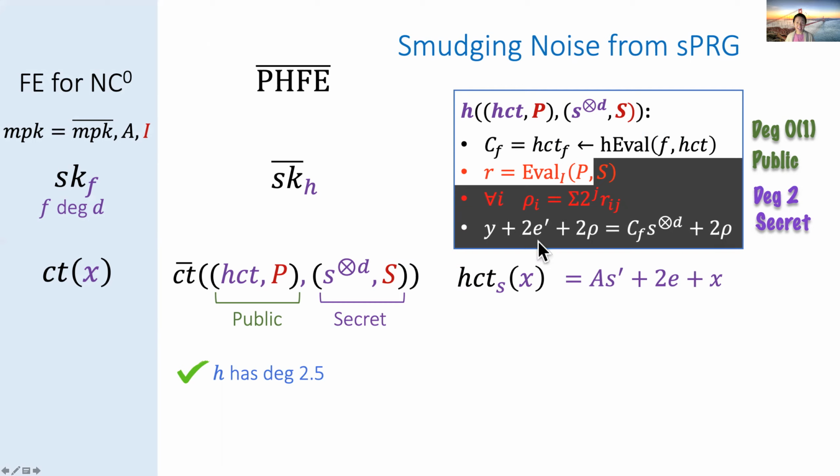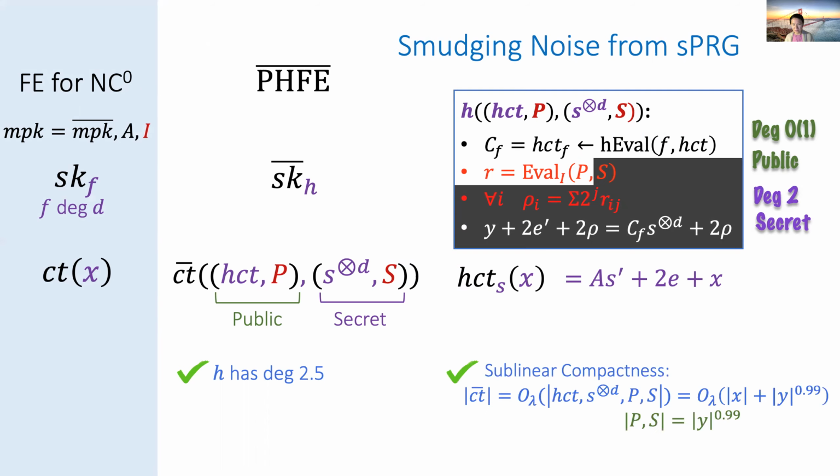As you can see, thanks to the fact that the SPRG has degree 2.5, the function H still has degree 2.5. We also now have restored the compactness because the seed P and S together is still sublinear in length compared with the output.